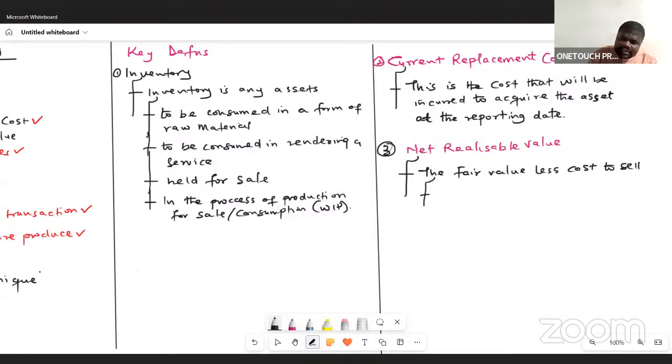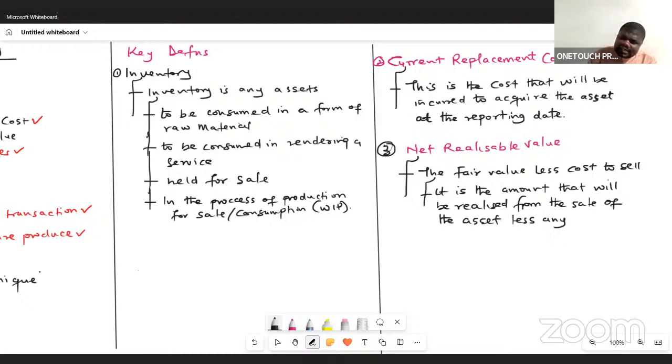In other words, it is the amount to be realized from the sale of the assets, less any direct cost. That is the net realizable value.